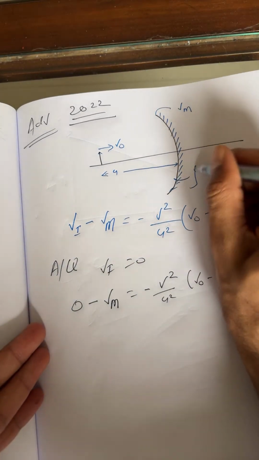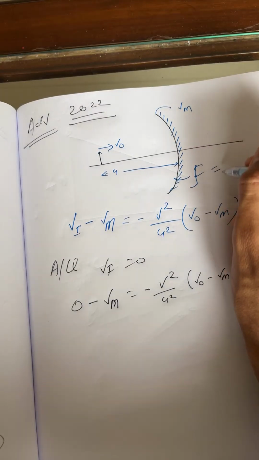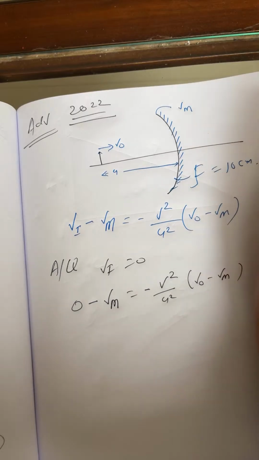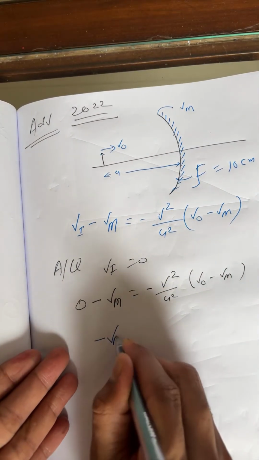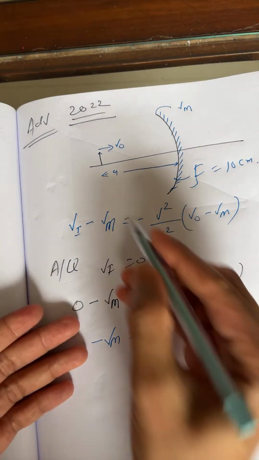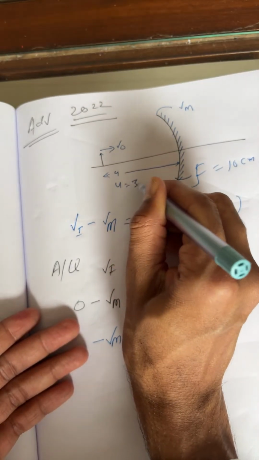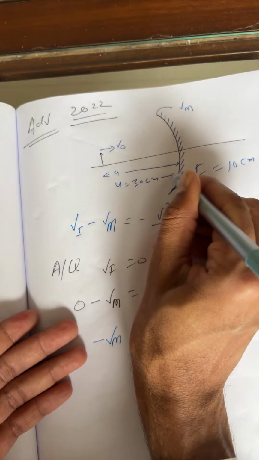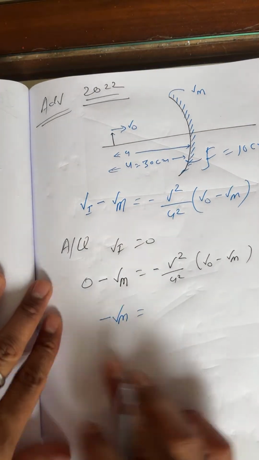Behind these questions, the focal length of the mirror is mentioned, 10 centimeter. We wish to find the velocity of the mirror here. We have to find v and u. We can easily get u because it is mentioned in the question: this is 30 centimeter. If u and f are mentioned, we can find v easily here.